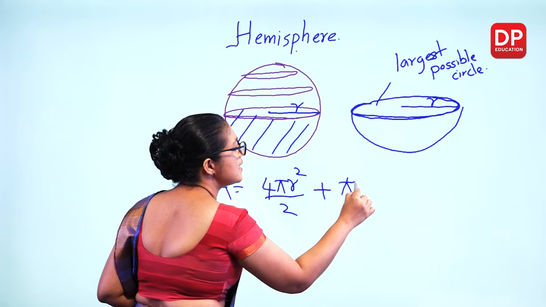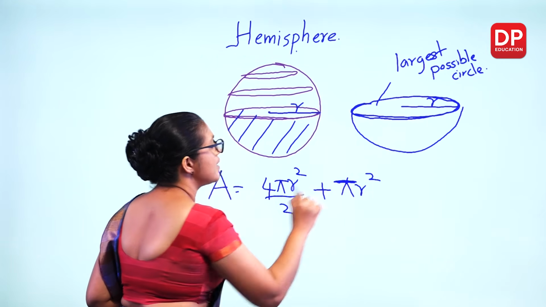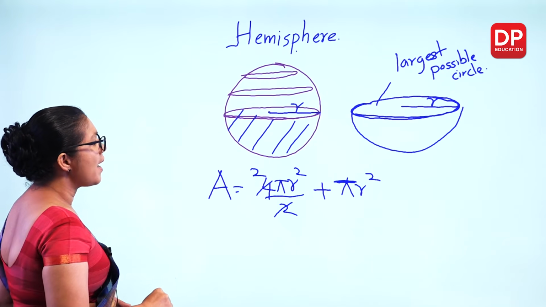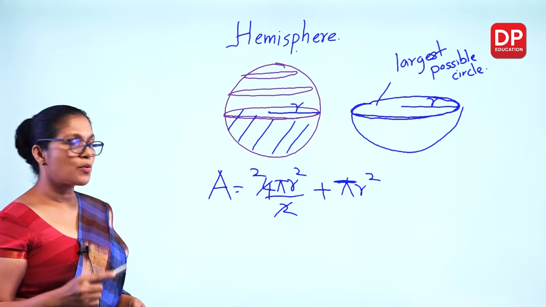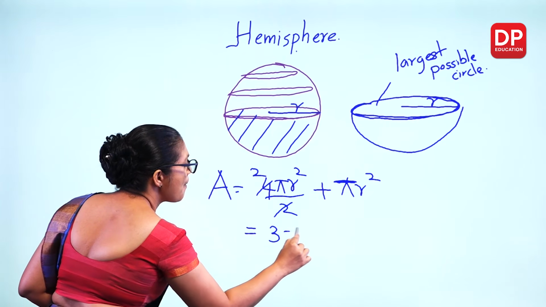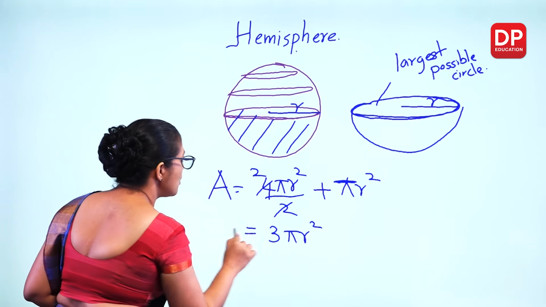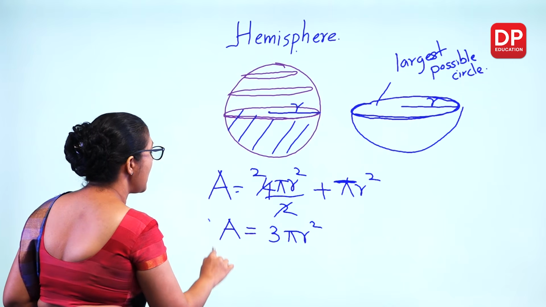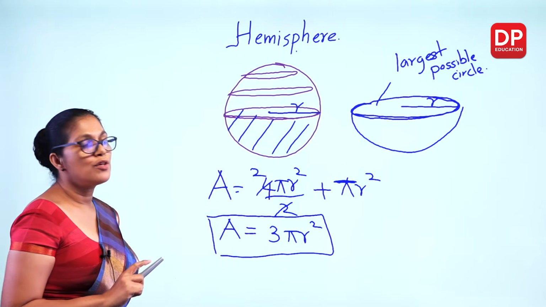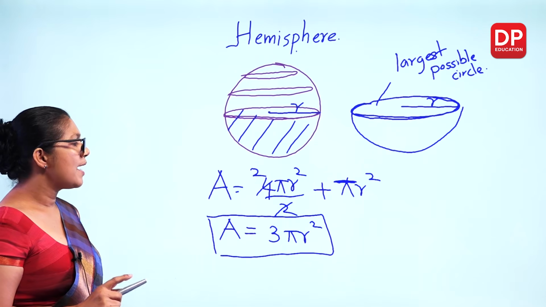The area of the circle is pi r squared. So here you get 2 pi r squared plus pi r squared, you get 3 pi r squared. So what is the surface area of a solid hemisphere? You can use the formula 3 pi r squared.